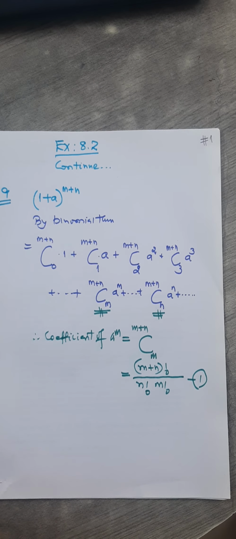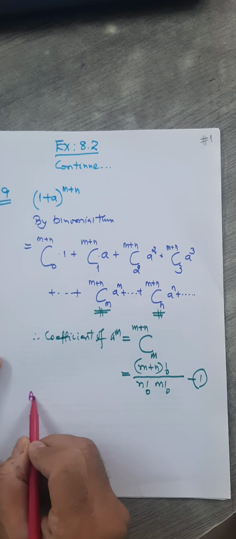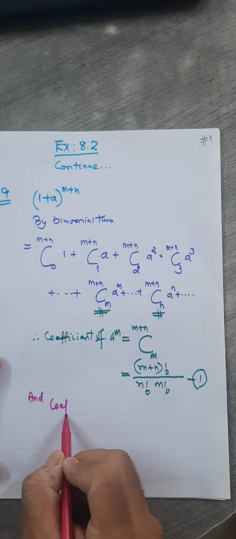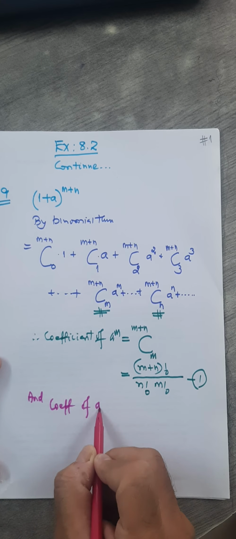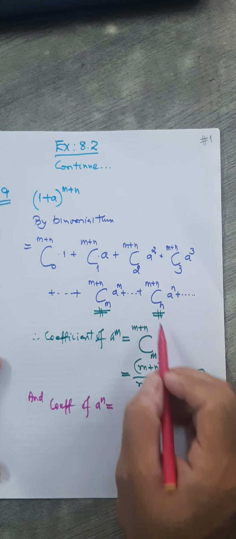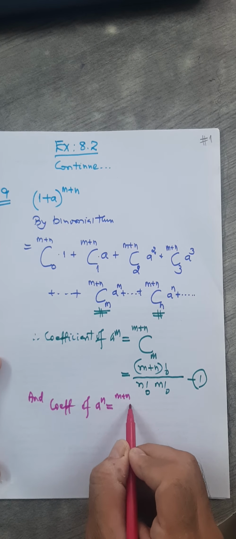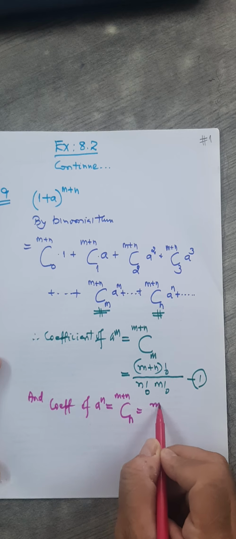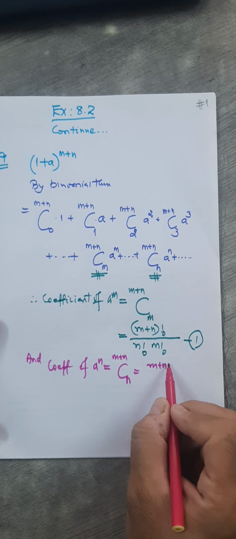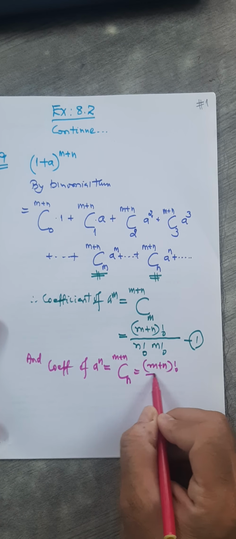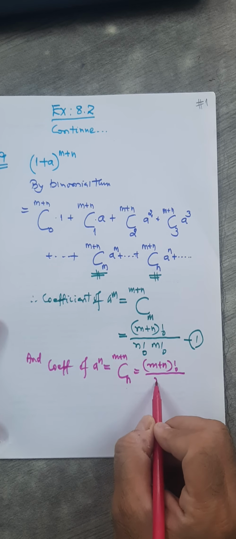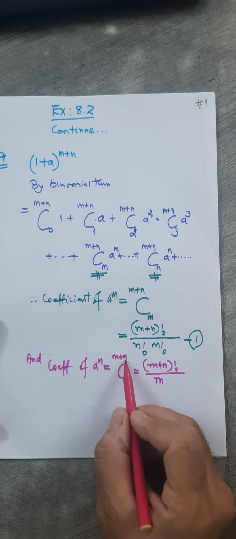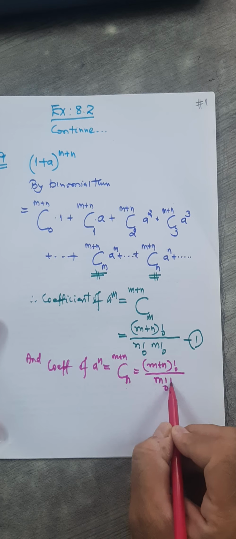And one more here, the coefficient of a^n equals this one, (m+n)Cn, which equals (m+n) factorial upon this minus this, which is n will get cancelled, so m factorial into n factorial.